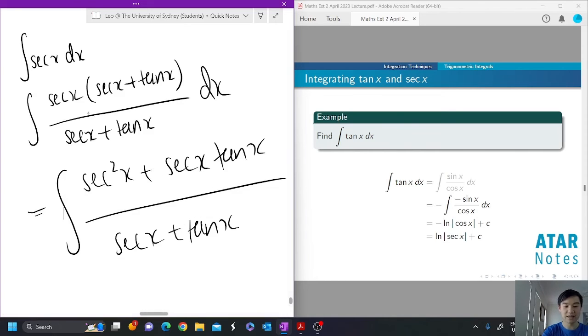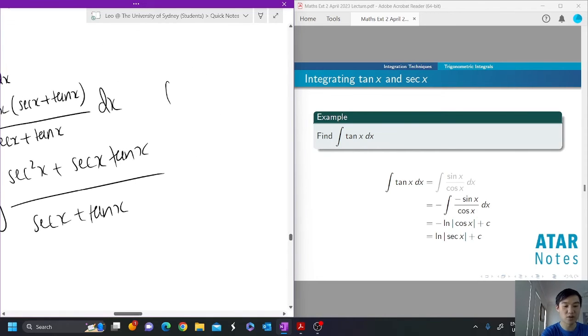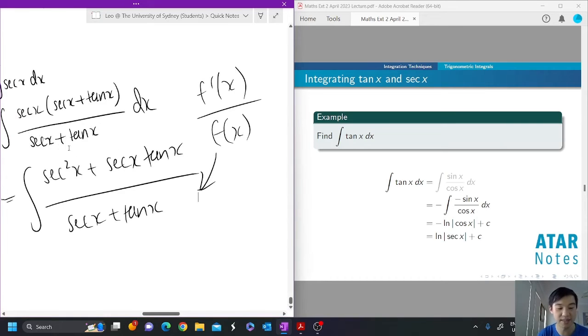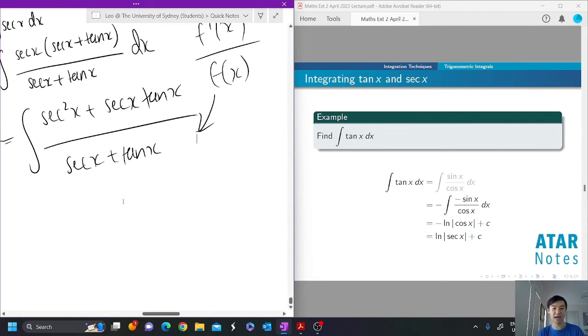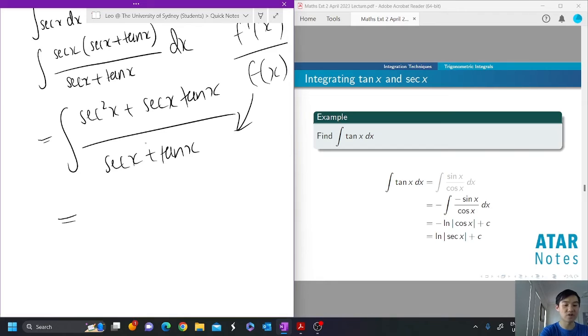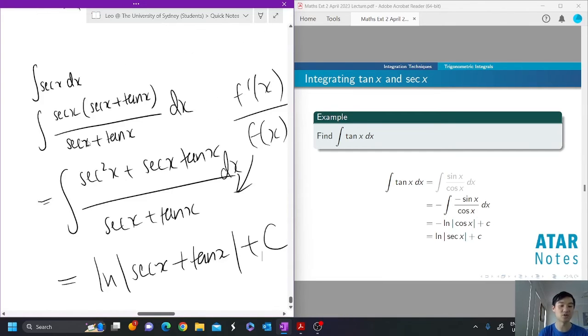So basically, this is in the form of f dash of x over f of x, because the derivative of sec x plus tan x is sec x tan x plus sec squared x, which is what we have here. So when we integrate, this gives us ln absolute value of sec x plus tan x plus c. And that's how we integrate sec x.